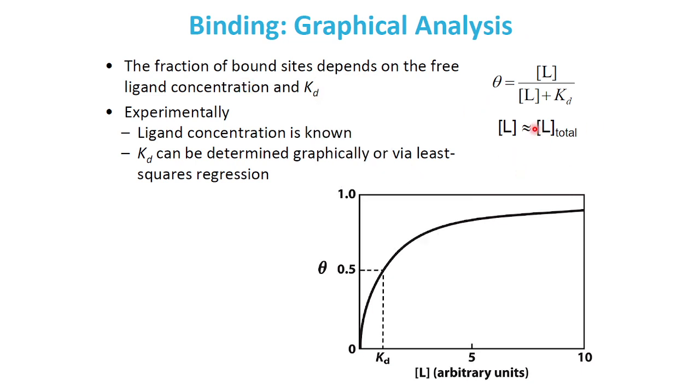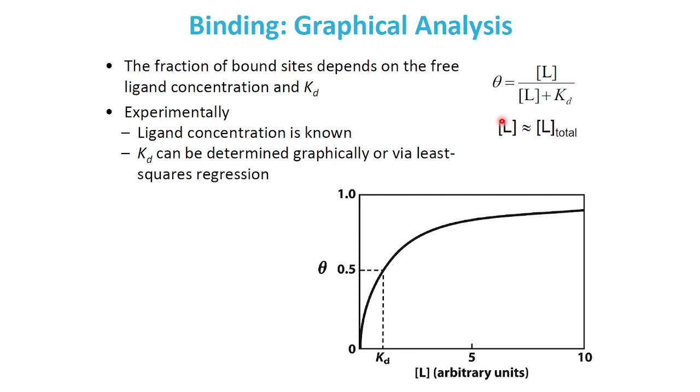Now when we do experiments, we can see that a very small amount of ligand actually gets bound to your macromolecule, or say your protein. So you can say that your free ligand concentration is very close to your total ligand concentration.